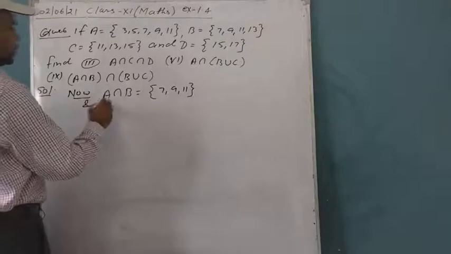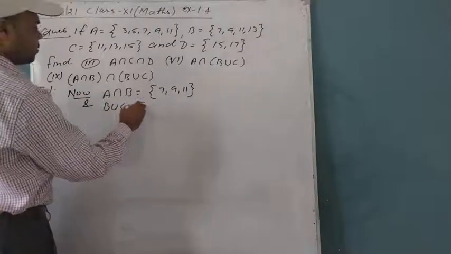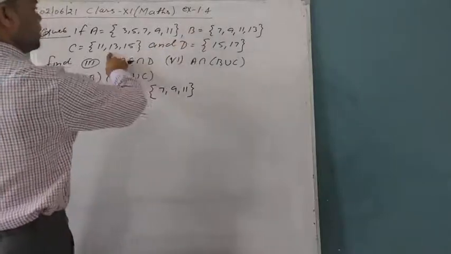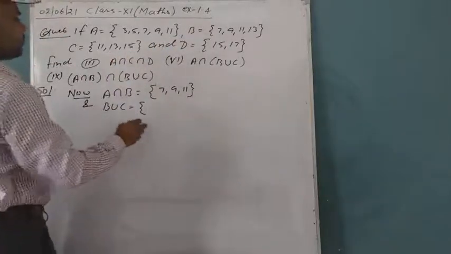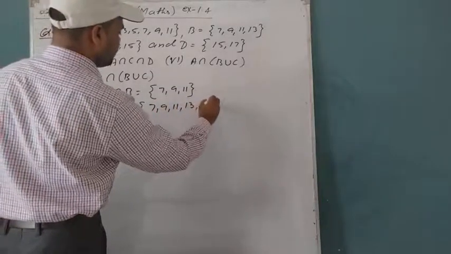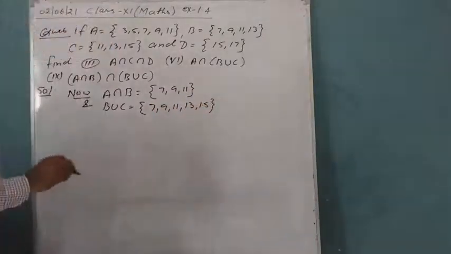And B union C is 7, 9, 11, 13 and 15, all the elements of B and C.